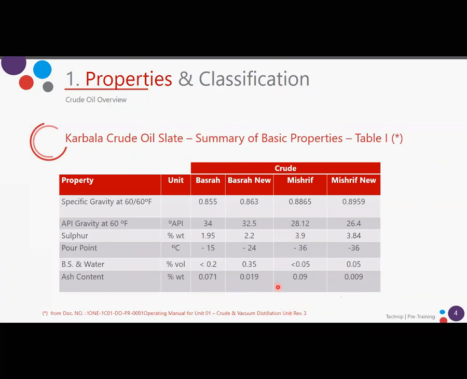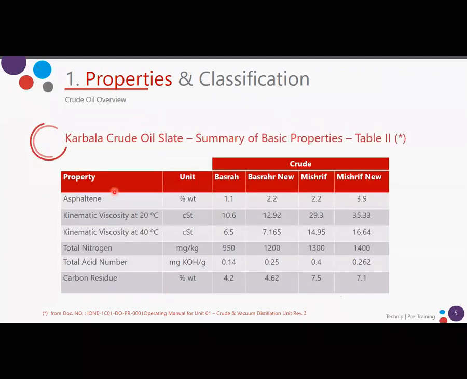Here we see the identification of the crude oils: the specific gravity, the API gravity, sulfur, pour point, basic sediment and water, ash content, asphaltenes, the kinematic viscosity at two temperatures, the total nitrogen, the total acid number, and the carbon residue.